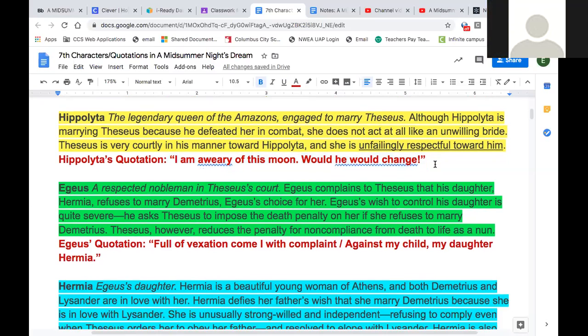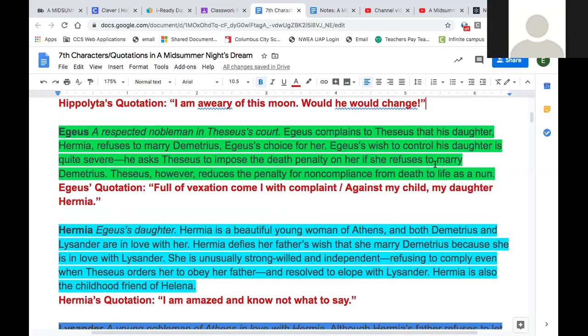Okay, Aegeus is a respected nobleman in Theseus's court. So he's a citizen, but he's important. Aegeus complains to Theseus that his daughter Hermia refuses to marry Demetrius, Aegeus's choice for her. Aegeus's wish to control his daughter is quite severe.